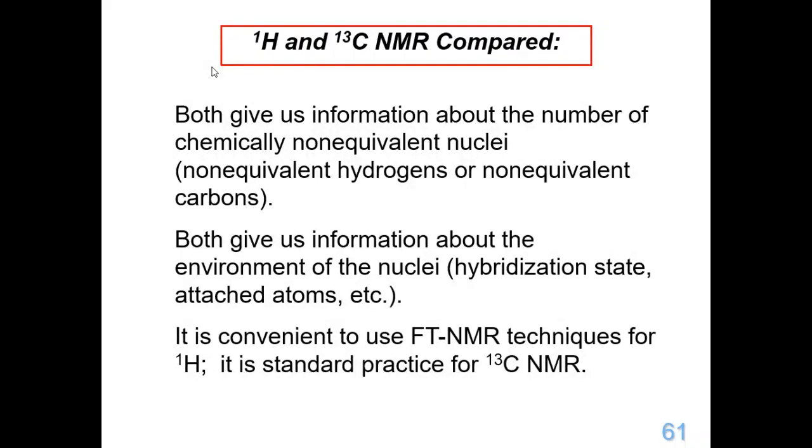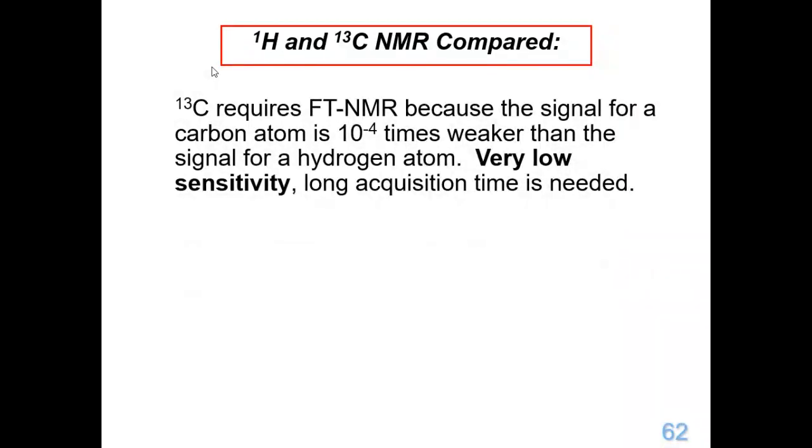But the biggest difference between proton and carbon-13 NMR is that the carbon-13 signal is about 10,000 times weaker than the proton. So that makes it a lot more challenging to collect a high quality carbon-13 NMR spectrum. So basically the carbon-13 NMR problem is very, very low sensitivity.